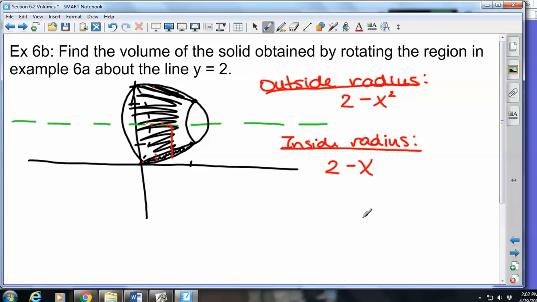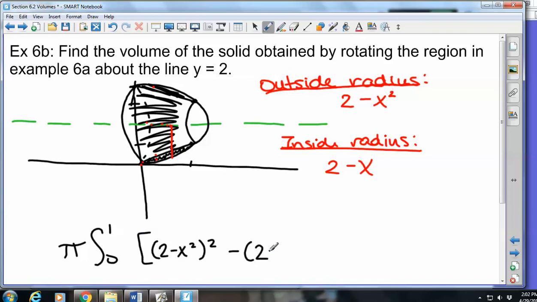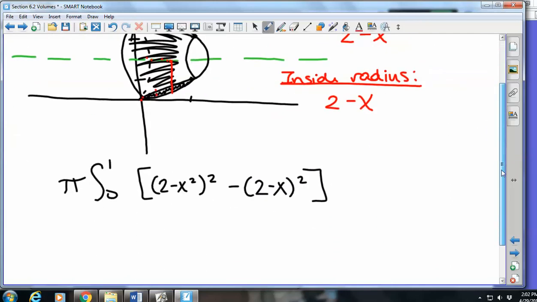So to get the volume, we're integrating. We have the same intersection points. We're going to go from 0 to 1. You can pull out the pi if you want. We're integrating area. Pi r squared. So you have to do the outside squared minus the inside squared.